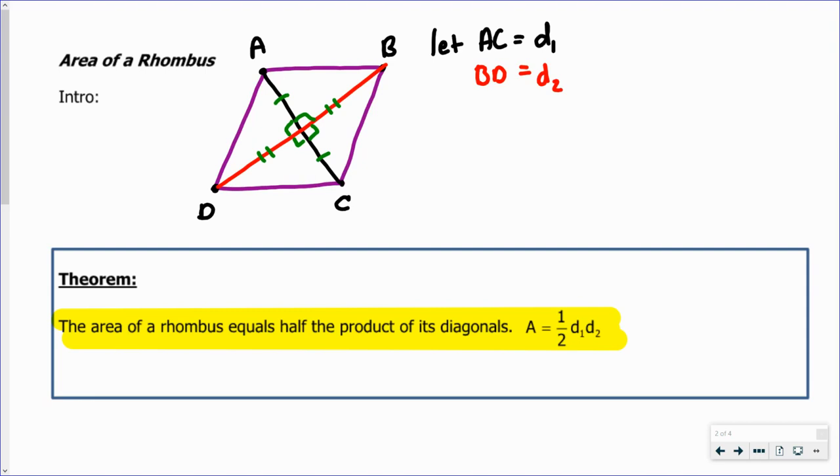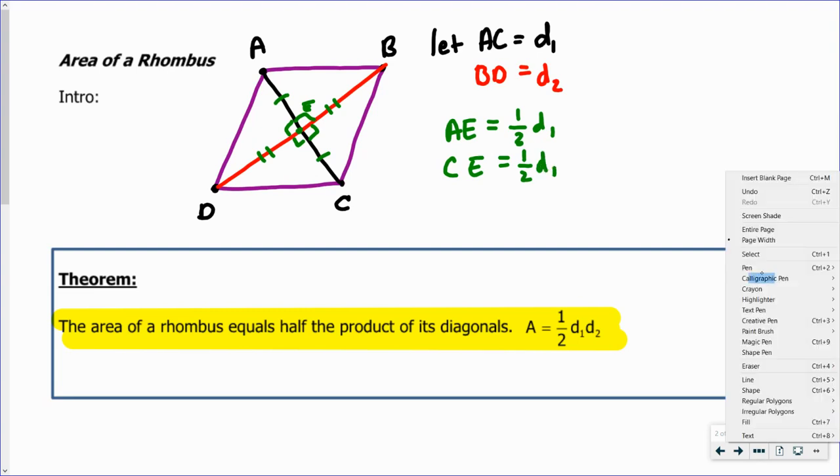All right, so what that means, I'm going to draw in this point in the middle and call that point E. We know that AE is 1/2 diagonal number 1, which is AC. We also know that CE is also 1/2 diagonal number 1.